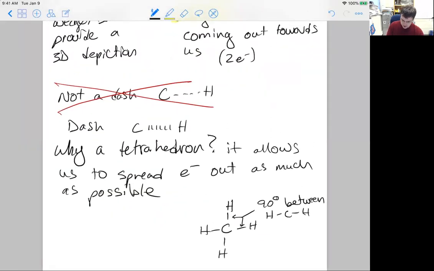Remember, let me point to it. That depiction of methane is not accurate because if we did it that way, yes, we would have a really flat and easy to draw molecule. And in some cases, we'd have a huge separation. I mean, look at the separation here to here. That's 180 degrees. But there are too many instances where there's 90 degrees. So this isn't an effective approach to drawing methane.